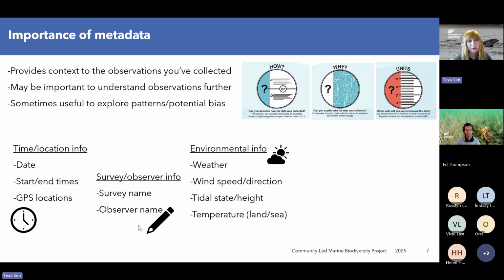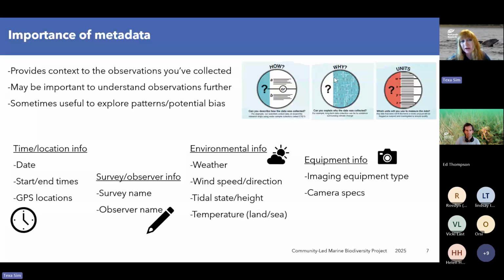Environmental information is, again, really important, and it can provide a little bit of context as to maybe why your survey was cut short because the weather got rubbish, or tidal information, temperature information. All of that might influence what you're seeing. And then finally, we have equipment information. And again, that is really important because we have equipment that changes sometimes.